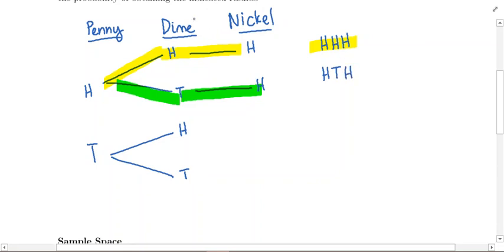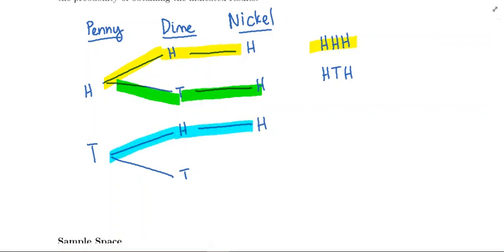Next, if the penny had landed on tails and the dime on heads, the nickel is still landing on heads. Following this path creates this possibility: penny lands on tails, dime lands on heads, nickel lands on heads.